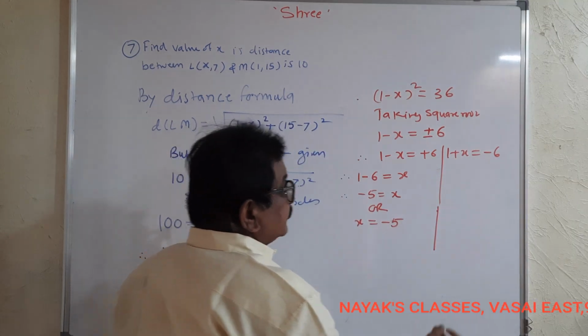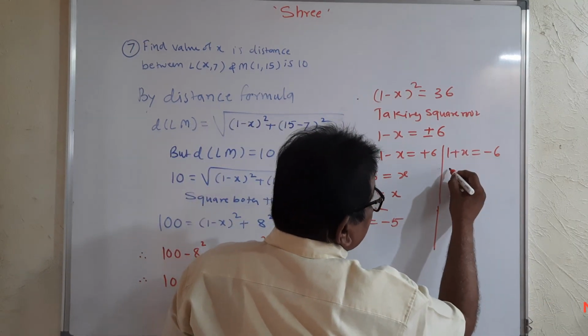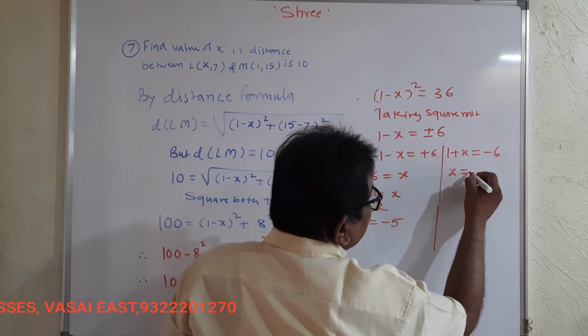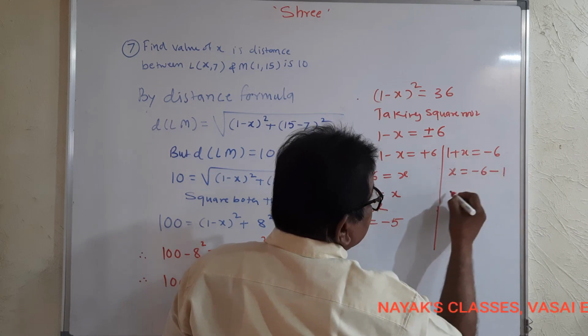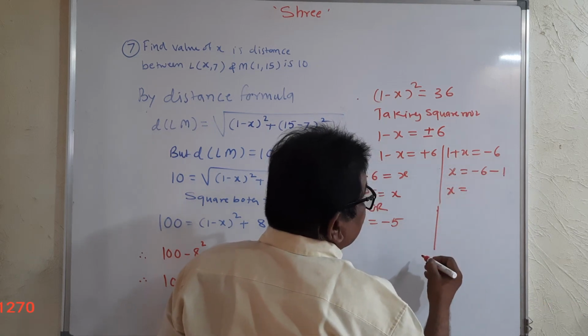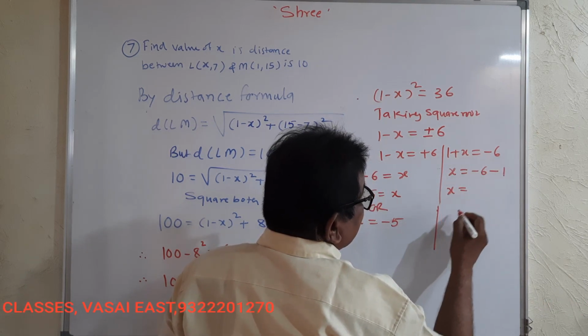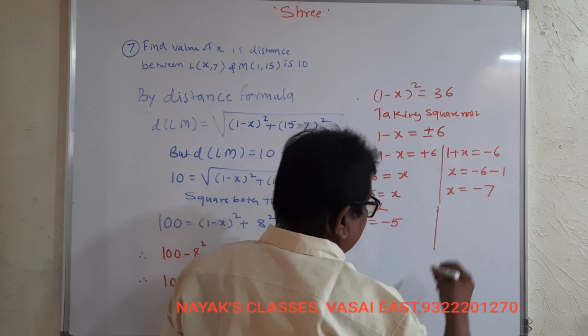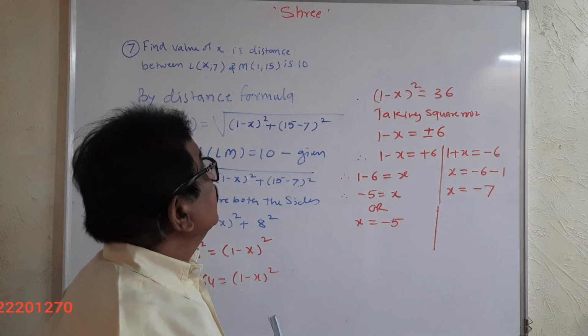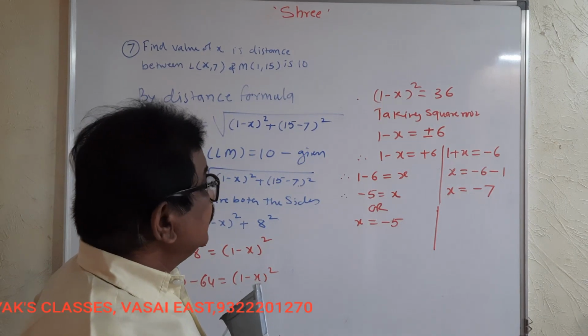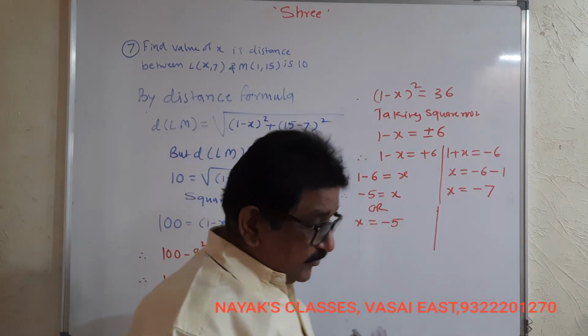On this side, x is equal to minus 6 minus 1. So x is equal to minus 7. What is wrong in this example? We have to find.